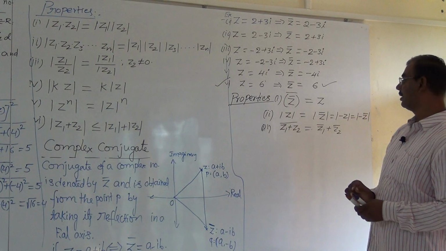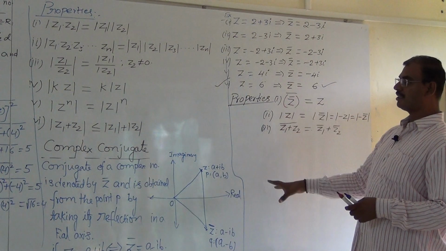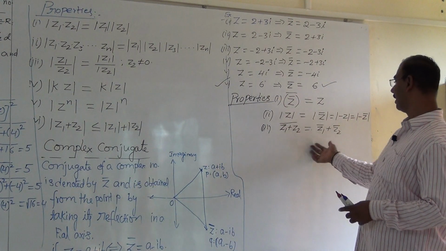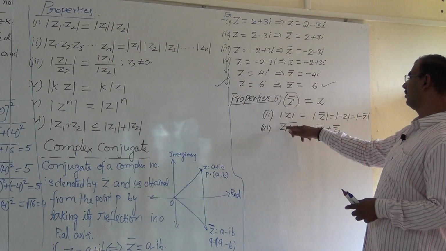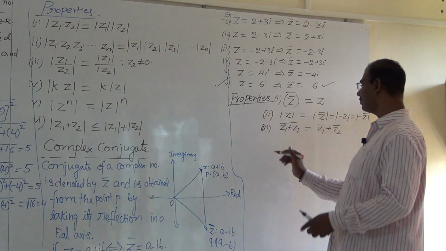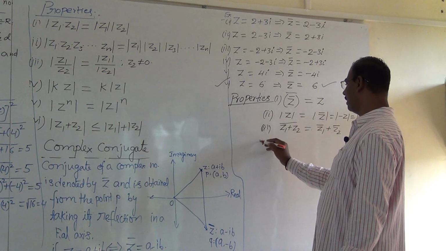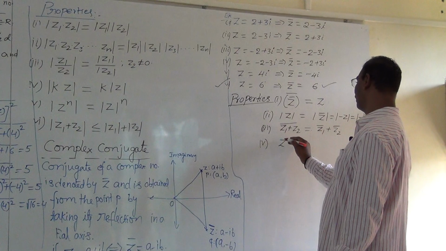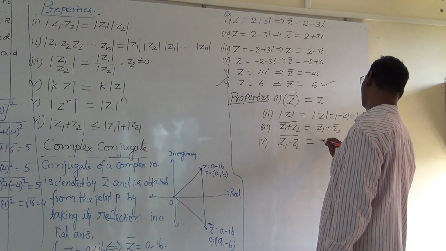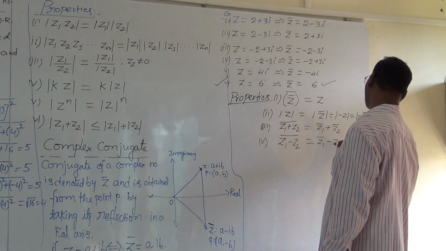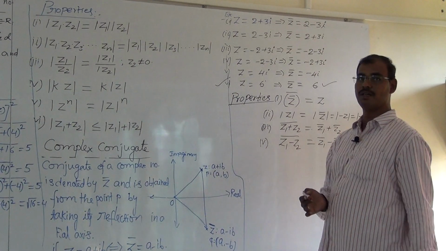You should remember them and always practice. By practicing once or twice, we get that Z1 plus Z2 whole bar is equal to Z1 bar plus Z2 bar. Not only this, with subtraction, Z1 minus Z2 whole bar is equal to Z1 bar minus Z2 bar.